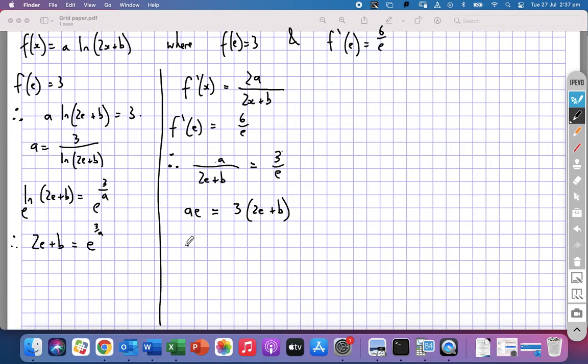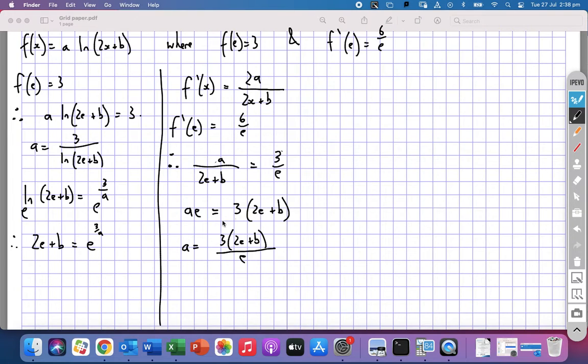Maybe you want an a equals here: 2e plus b on e. Maybe we want a b equals, which we could do. So let's try and do that.